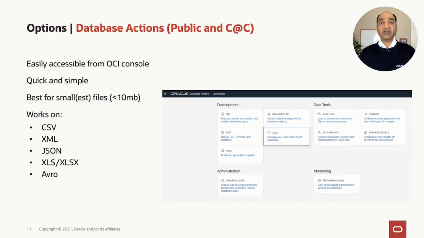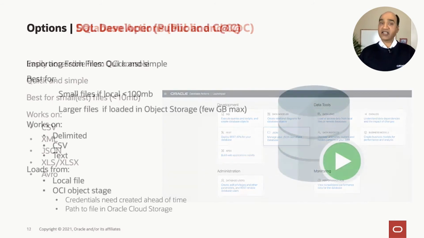It is basically meant for quick loads of small data sets into your Autonomous database for dev test, if you're trying a sample schema, etc. So anything that is lightweight, give or take a few megabytes, it's a good option. It's available both for public cloud and Cloud at Customer, and it works on a variety of source data formats. You could be loading data from an Excel spreadsheet, or CSV, or a JSON file, or an Avro file, etc.